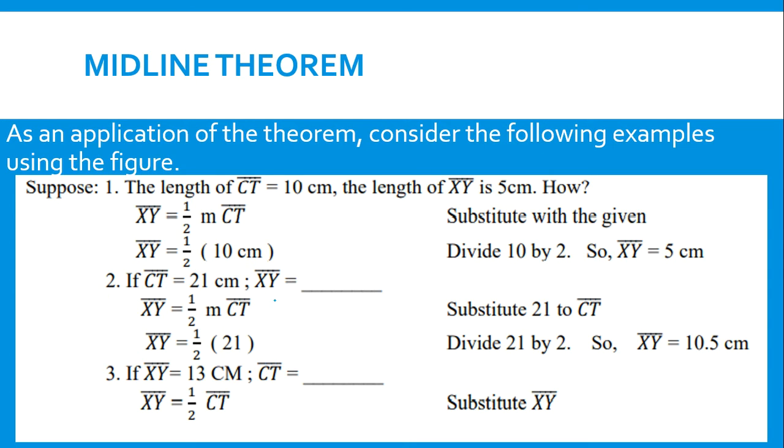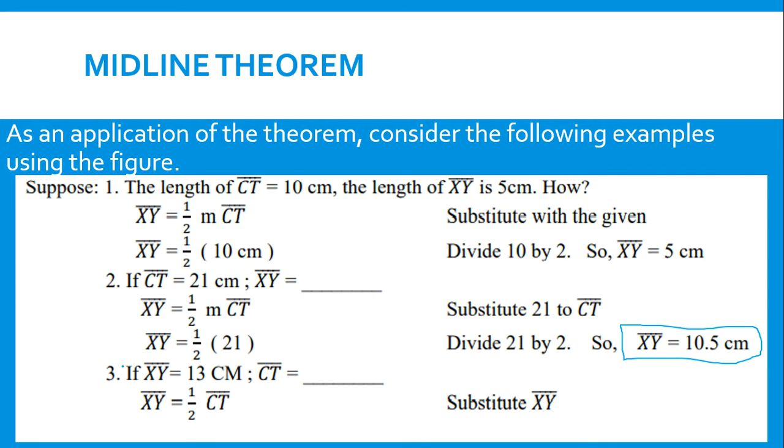We are looking for the measurement of the midline. Again, we apply the formula based on the midline theorem: XY equals 1/2 times the measurement of CT, so XY equals 1/2 times 21 centimeters. After that, divide 21 by 2. So XY equals 10.5 centimeters.